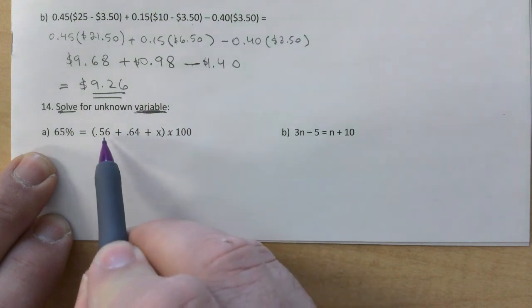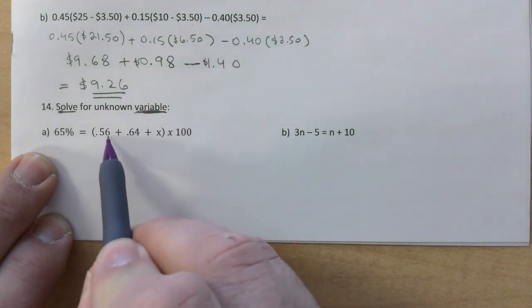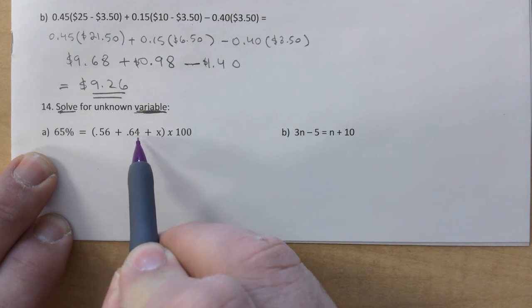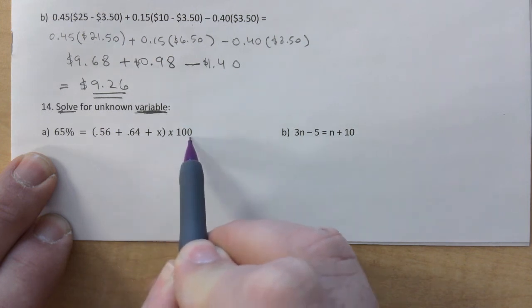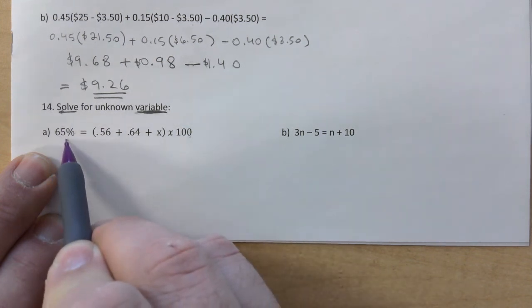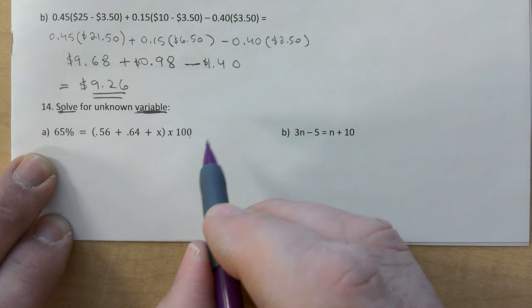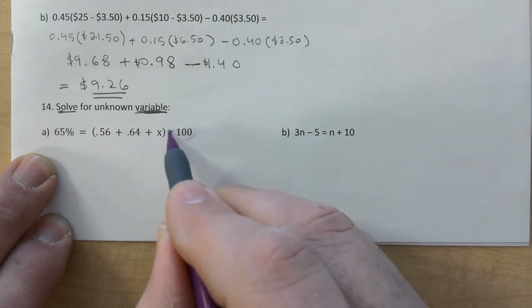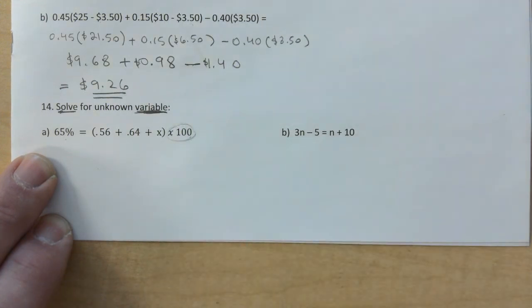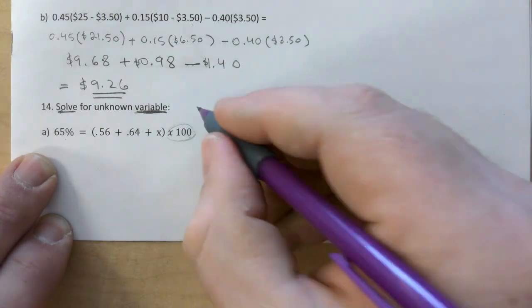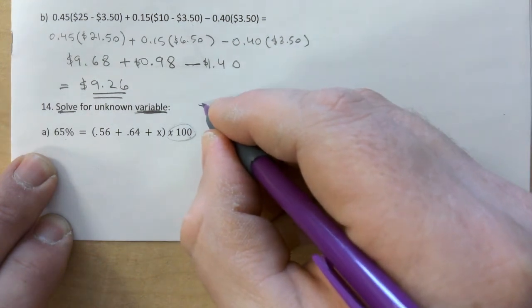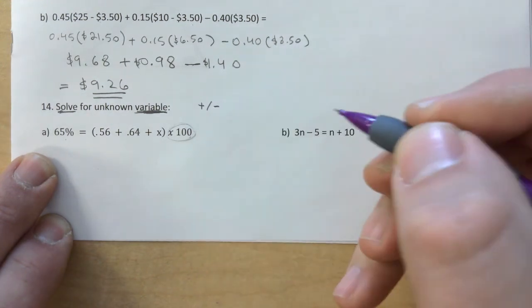You notice that there's 0.56 plus 0.64 plus x times 100, and there's 65% on the other side. So to get rid of the times 100, we're going to use inverse operations. The inverse of adding would be subtracting.